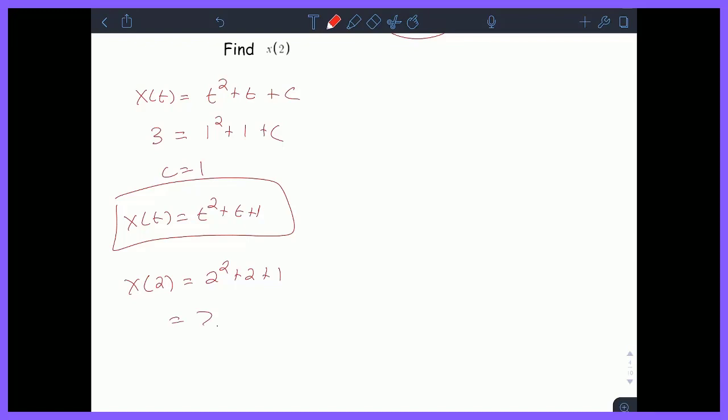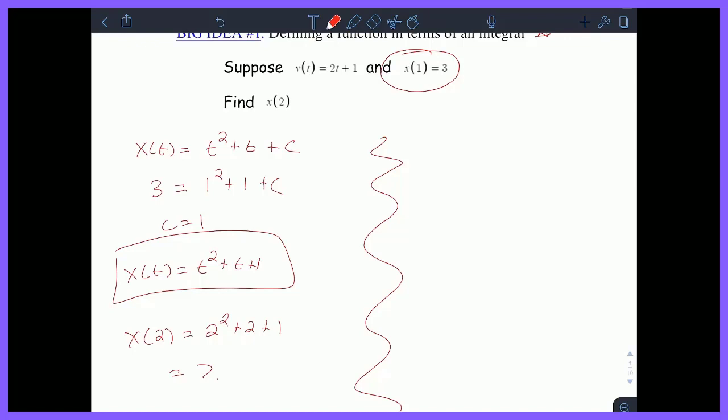It turns out there's an additional way to do this that proves to be very useful in our course, and that is to build a position function using an integral. Very important concept, and I'll teach you how to do it. When you're trying to build a function using an integral, you're always going to start out with the y value of the initial condition. That's going to be your constant in this scenario.